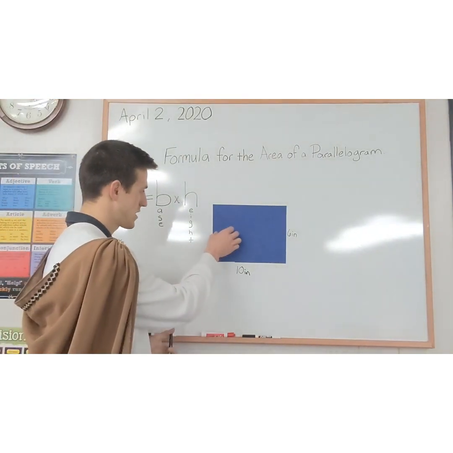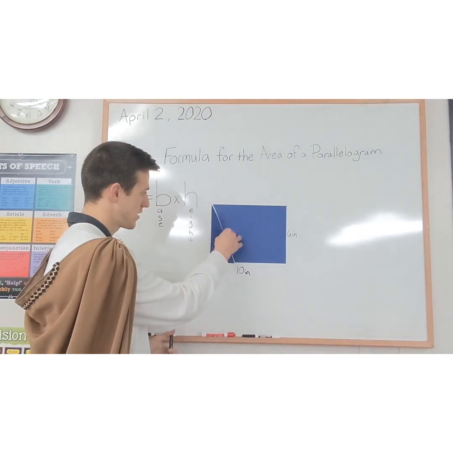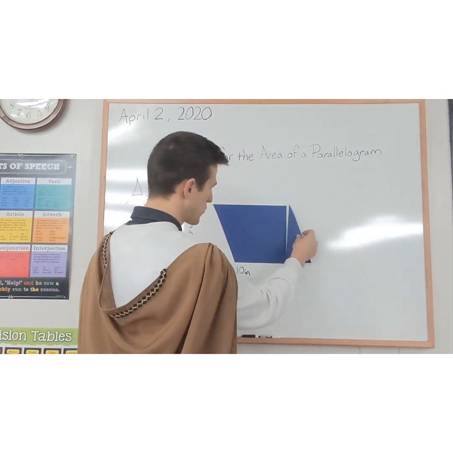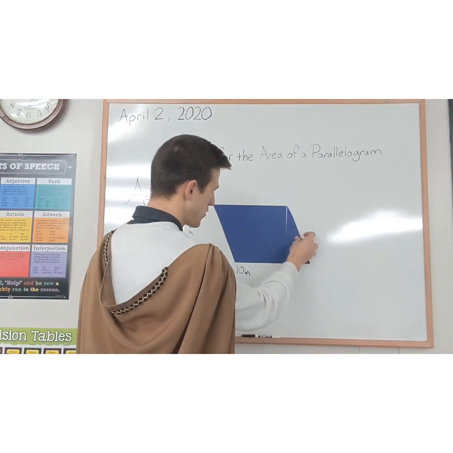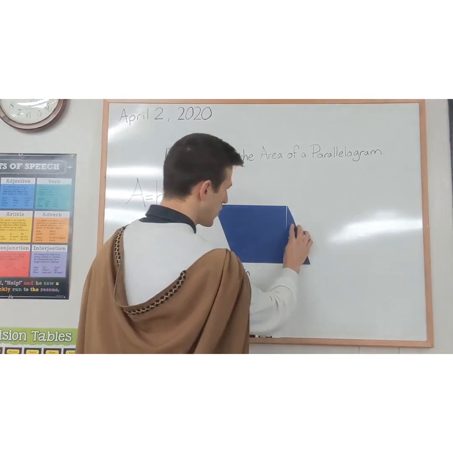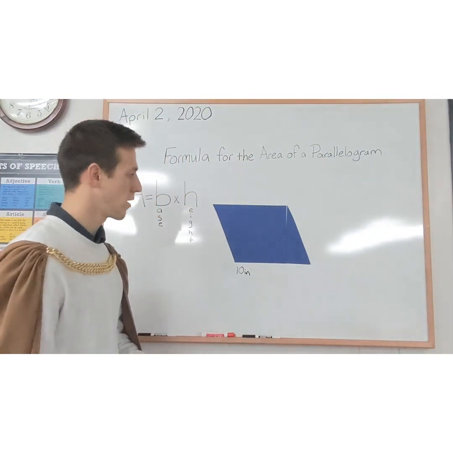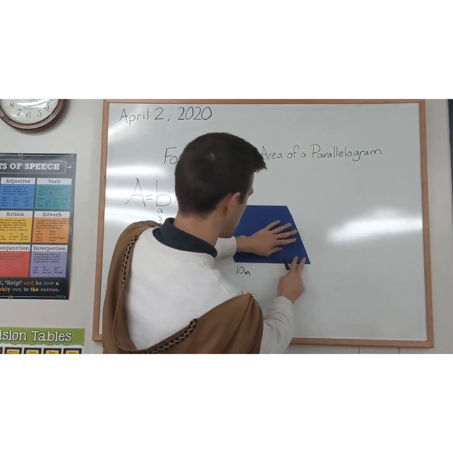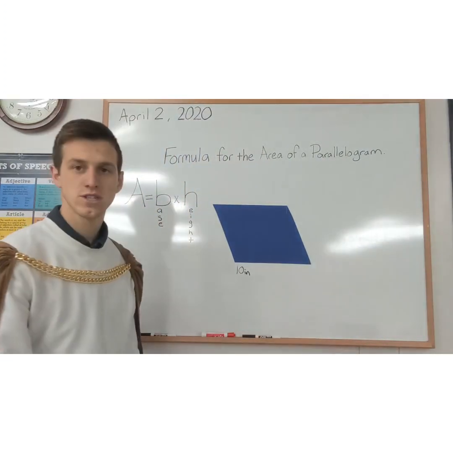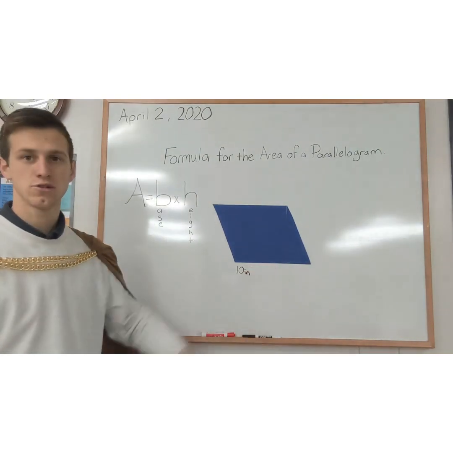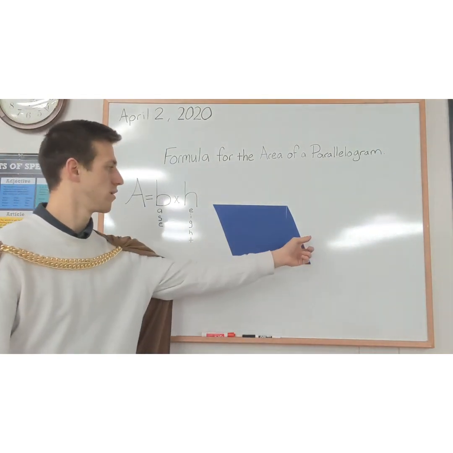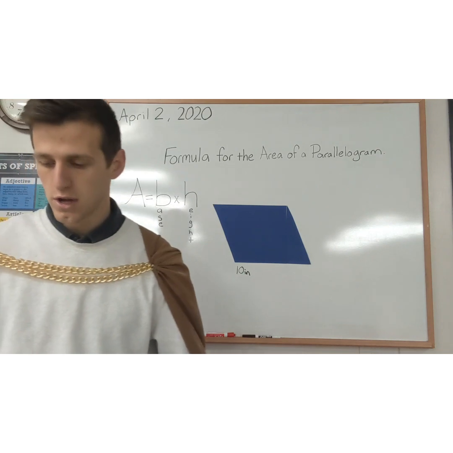So if I were to take this and move it directly over here, notice our shape is still a parallelogram. If I can get that on there. Notice we have both these sides are still parallel and both of these sides are still parallel.